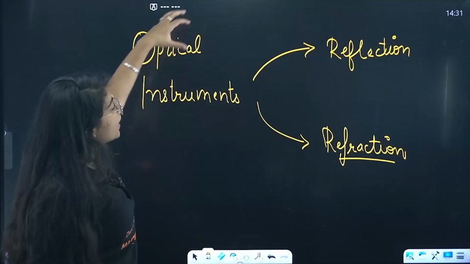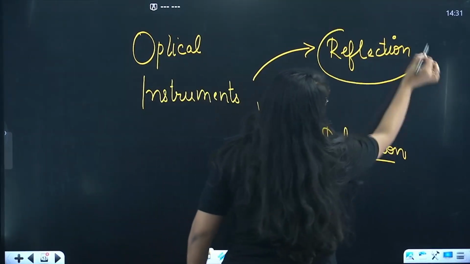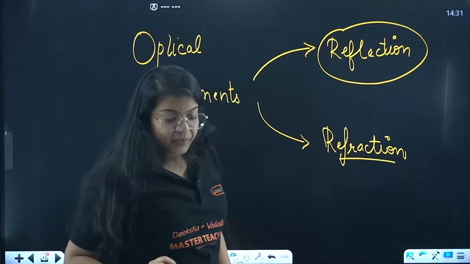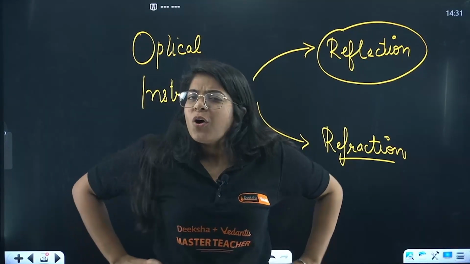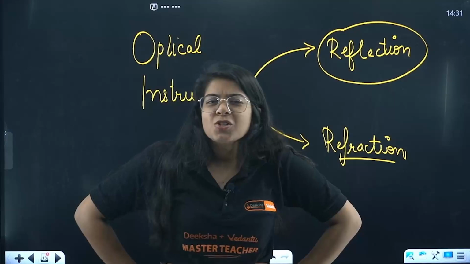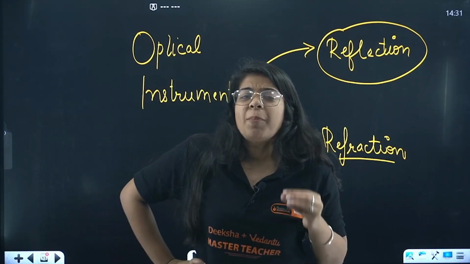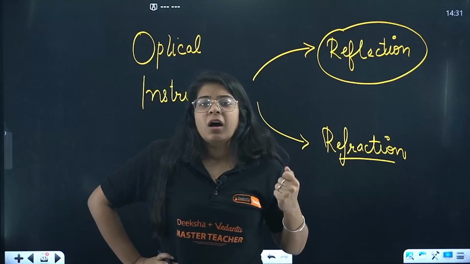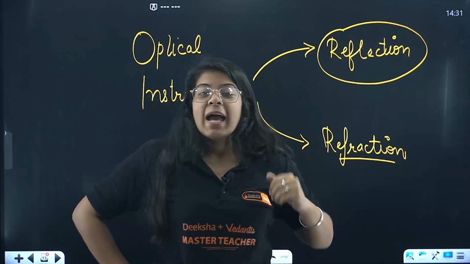Okay, back here. Now beta, optical instruments, reflection, refraction, we are studying reflection now. Now you tell me, light is bouncing back, going into your eyes. Do you know of some kind of optical instrument that does that? That is our mirror. You wake up every day, you brush your teeth, you comb your hair, you put some makeup on, and you do all those things.